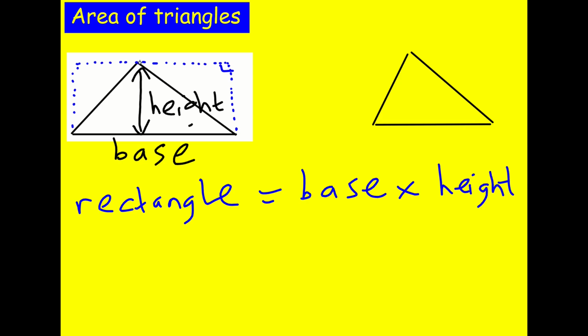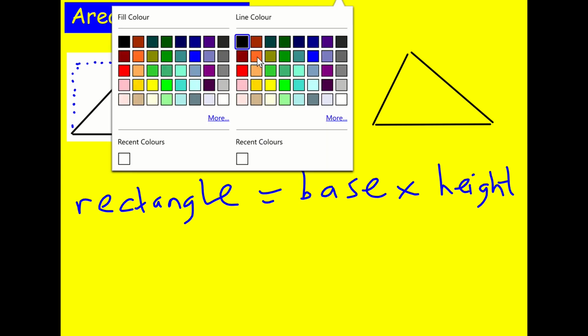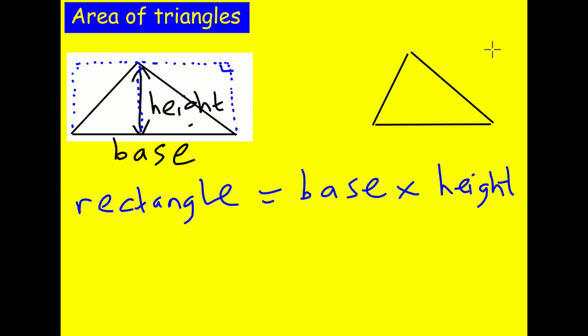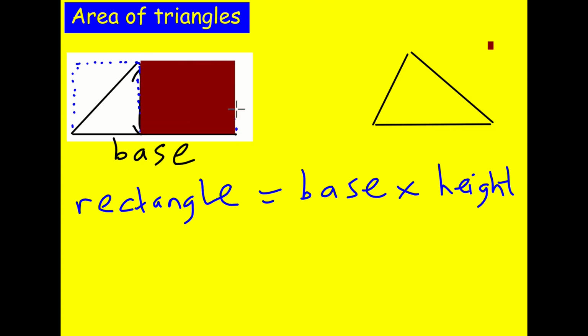But if I draw a dotted line down here, and then for just a moment, I cover up the right hand side, then what's going on here? This line here is splitting the rectangle exactly into two. So I have half of the area here. For this rectangle that I'm outlining, I have half the area.